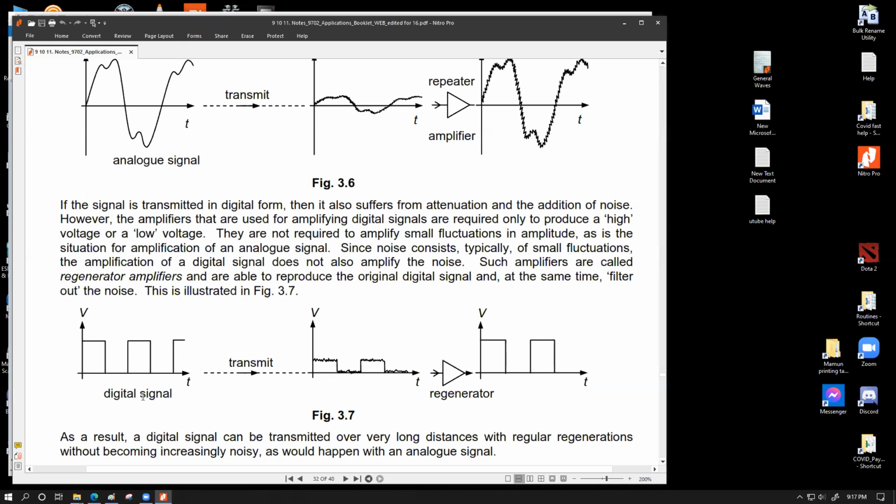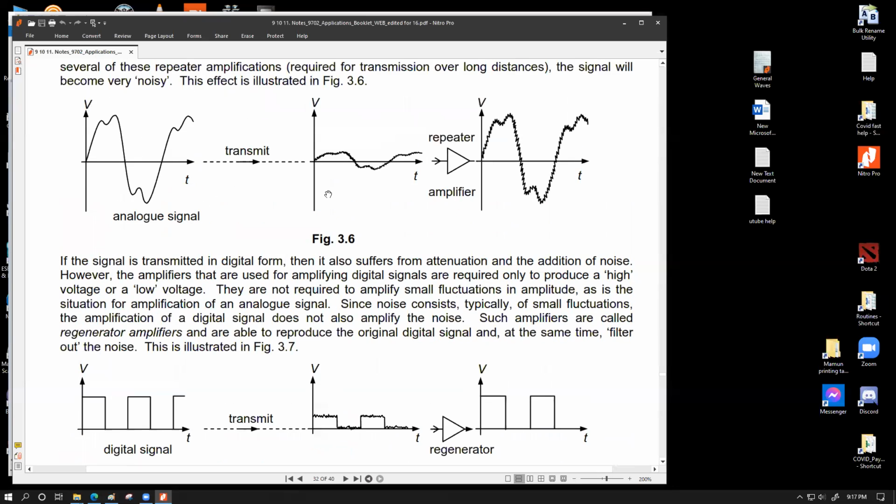So the benefit of a digital signal is that every single time it is regenerated, you are cutting off the noise picked up in the earlier channel, and this process can work indefinitely, however many times you want it to happen. Whereas for the analog channel, you cannot cut off the noise.